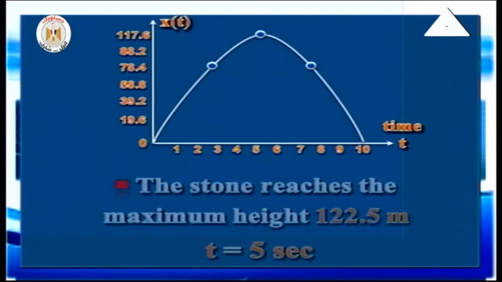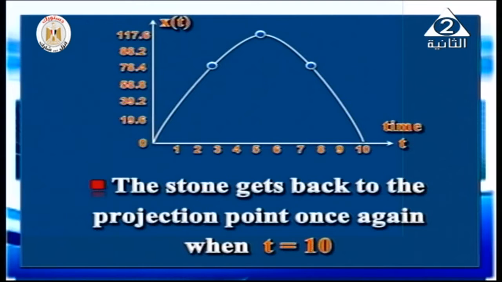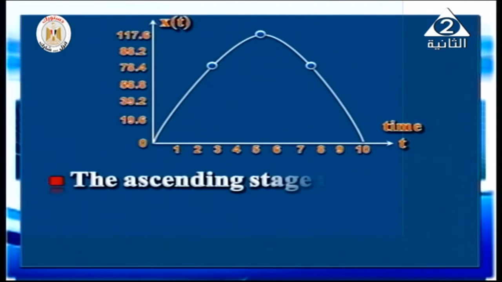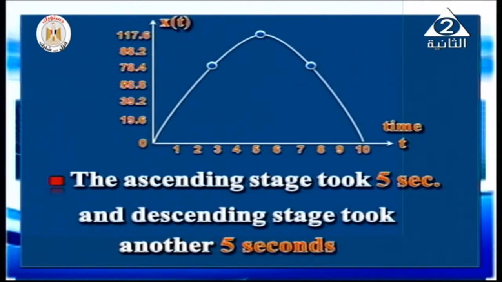The stone gets back to the projection point once again when t equals 10. The ascending stage took 5 seconds, and the descending stage took another 5 seconds.